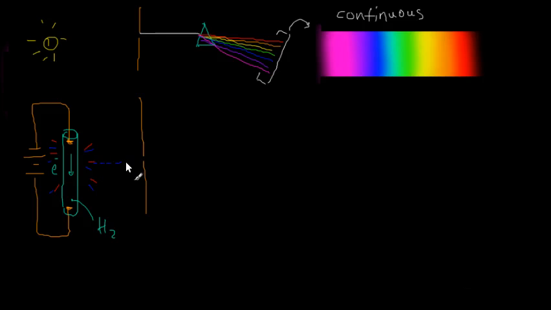This light's coming through. And once again, we're going to use a grating so we can measure the wavelengths accurately. And there would be a few colors coming through.